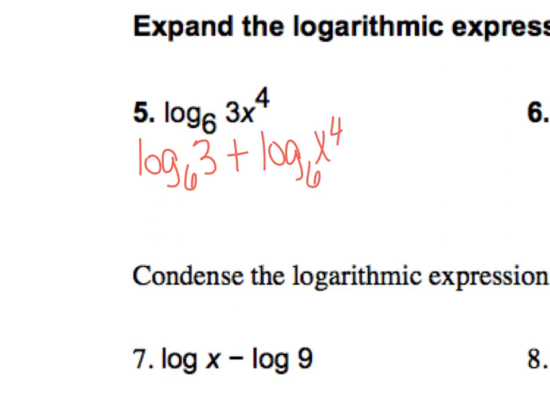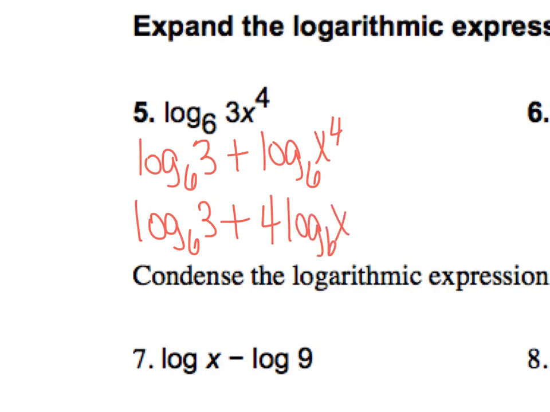That log base 6 of 3 is fine, but the second term, log base 6 of x to the fourth, has an exponent that needs to be brought down in front. So we'd have log base 6 of 3 plus 4 log base 6 of x. Once we have that exponent taken care of, then we can be done.